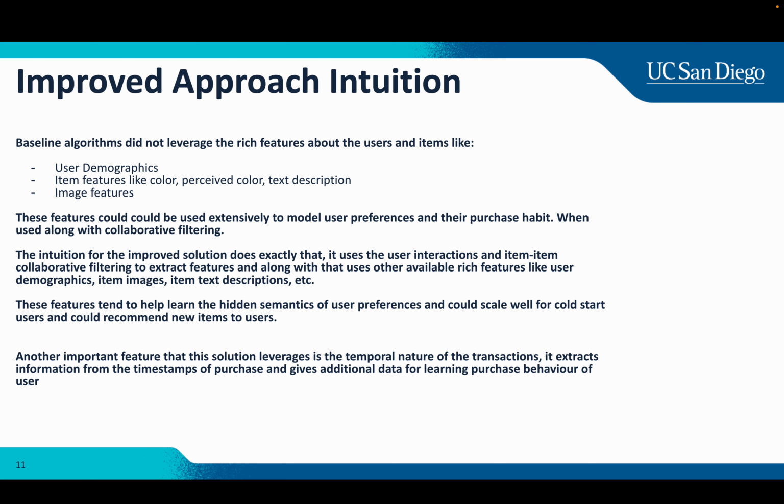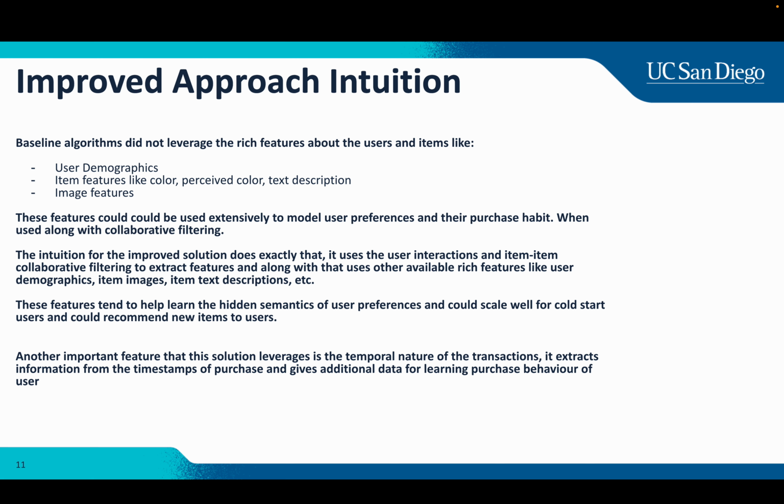It uses the information that we get from user interactions and item collaborative filtering, extracts those features, and then builds a candidate pool, and from that candidate pool we can use the rich features of those candidates to rank the best fashion articles or the best items for users, and model the problem as a ranking problem.